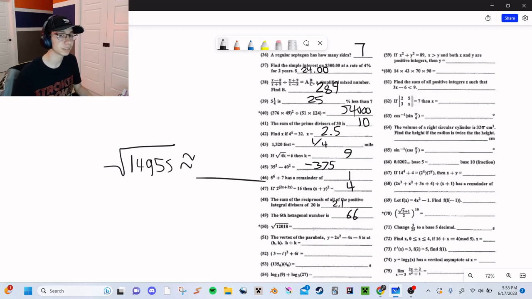I'm estimating the square root. So let's ignore these last two digits for now. Let's only look at the square root of 149. What's that close to?